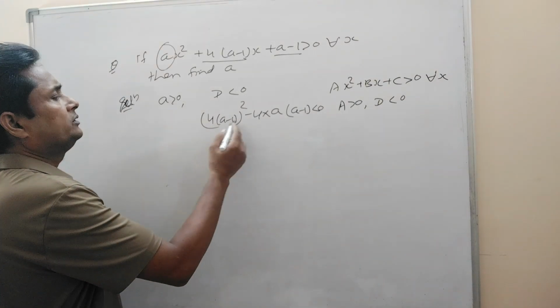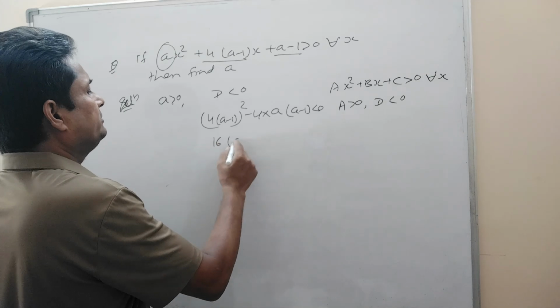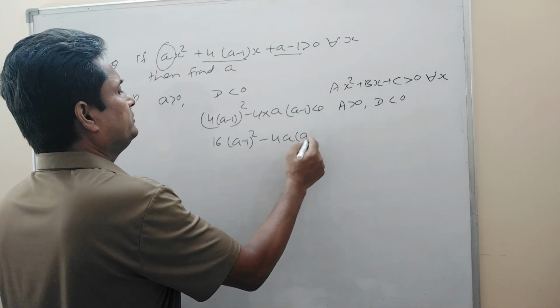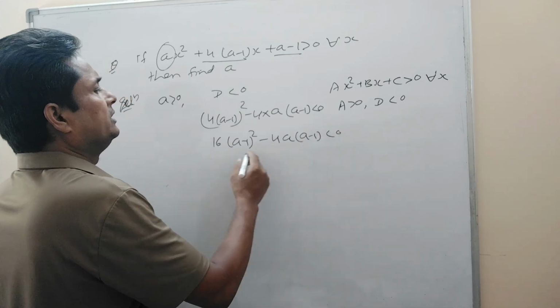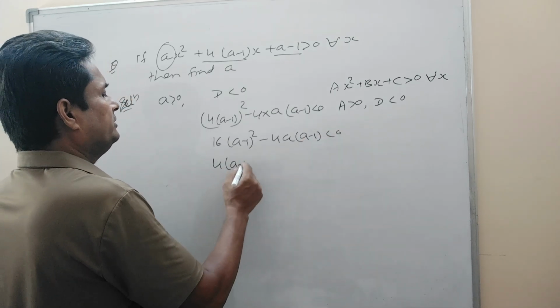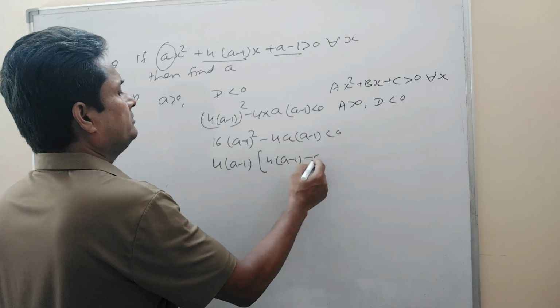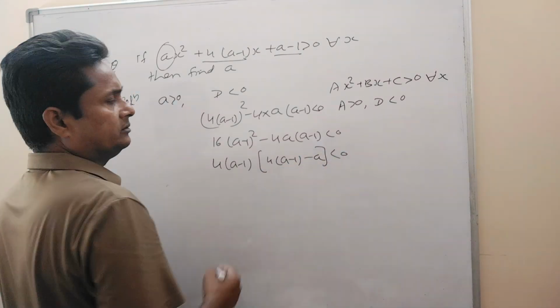So this is 16 times (a minus 1) whole square minus 4 times a into (a minus 1) less than 0. Now take common 4 times (a minus 1). So this will be 4 times (a minus 1) into (4(a minus 1) minus a) less than 0.